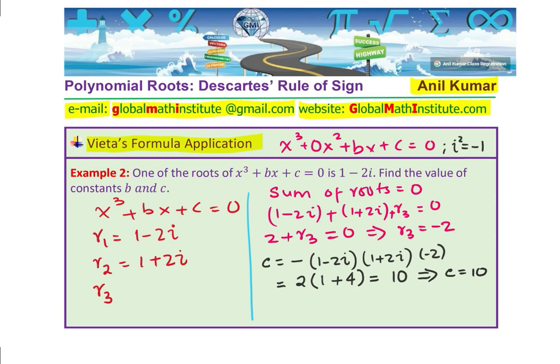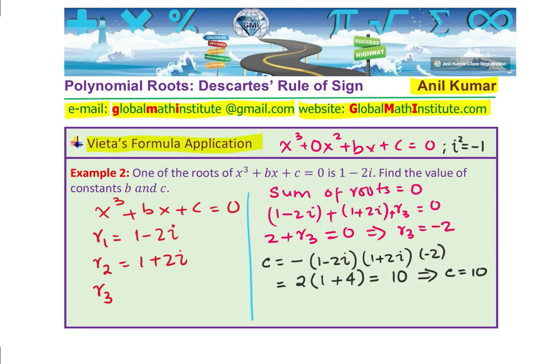Now, what is the value of b? The value of b is the sum of the products of combinations of the roots. So we can find the value of b by finding the product of two roots at a time.